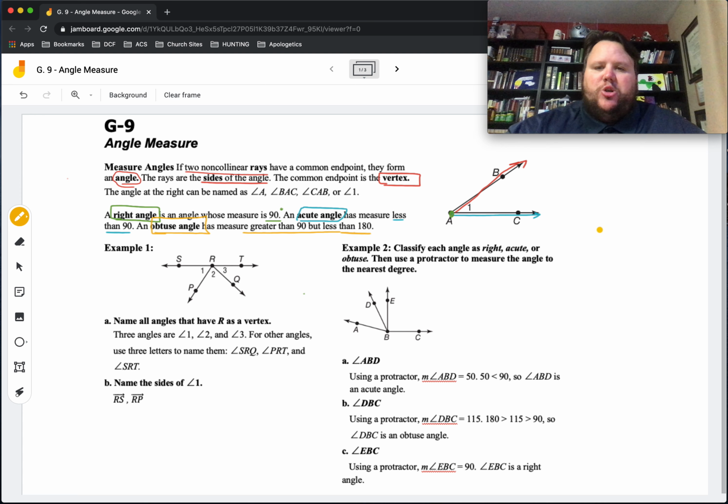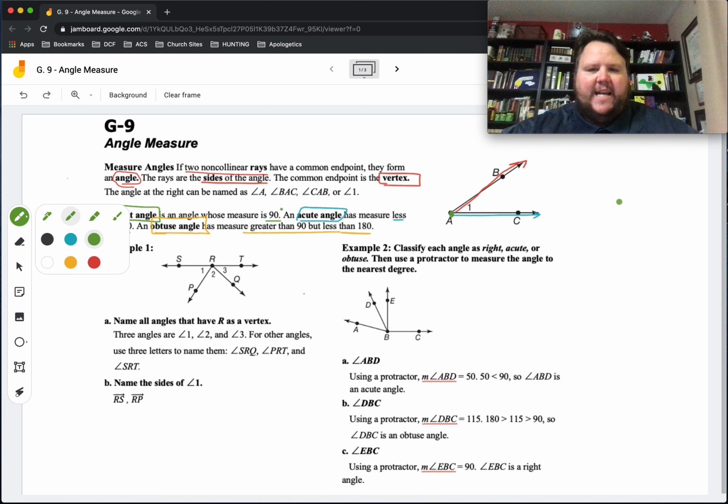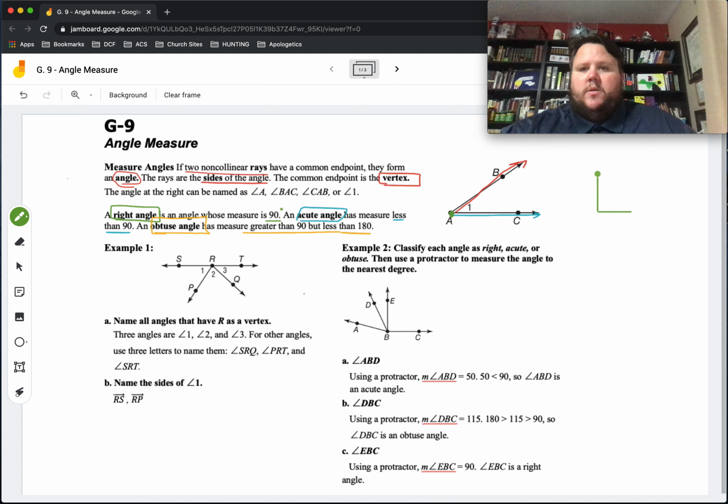So an obtuse angle would look like, I'm going to go ahead and just draw some of these in color. I'll put them right here. So obtuse would be something that's, well, let's start with the right angle because that's where we judge everything. So a right angle, so if you look at that, that's pretty good.